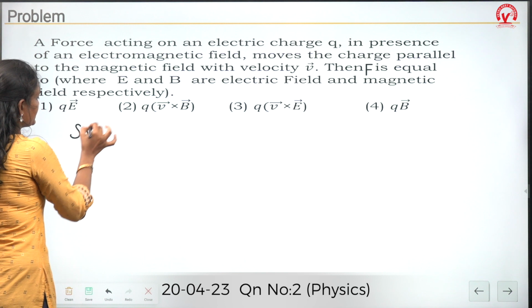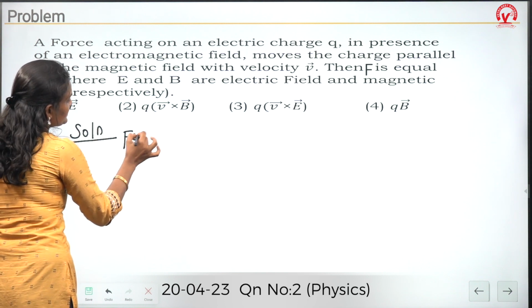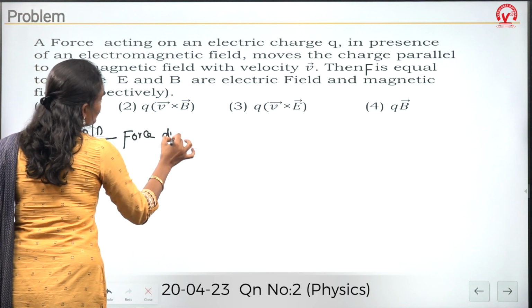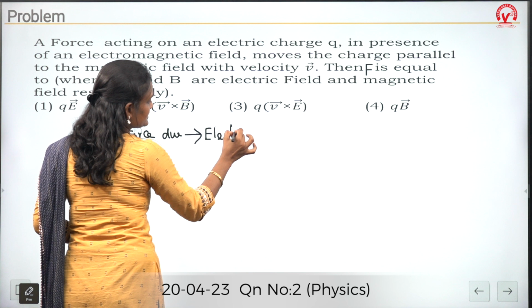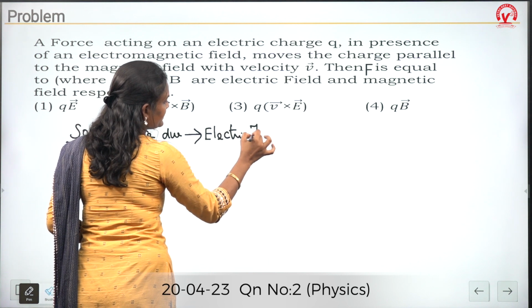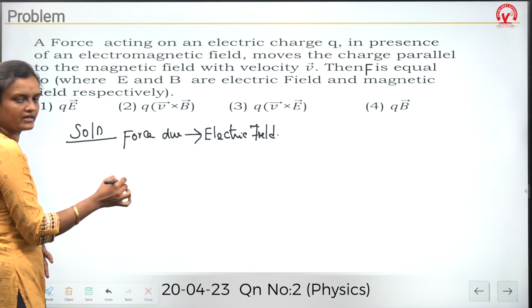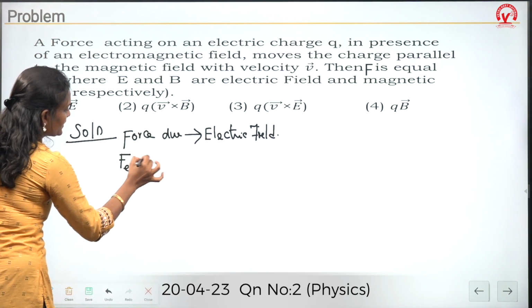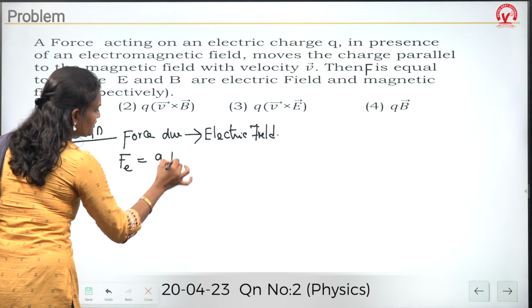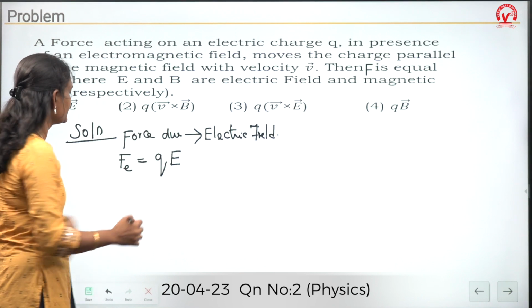Solution: we want to find first the force due to the electrical field. So the force due to the electrical field is F_E equal to Q into E. This is the force due to the electrical field.